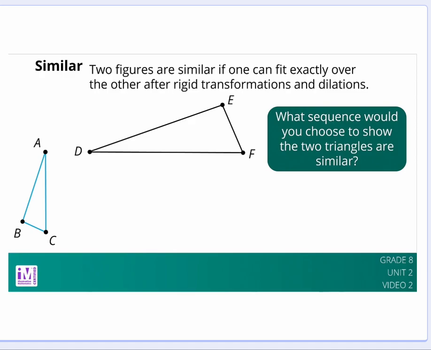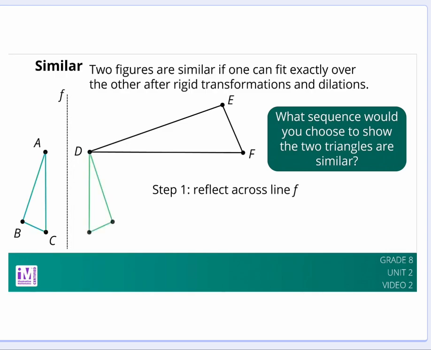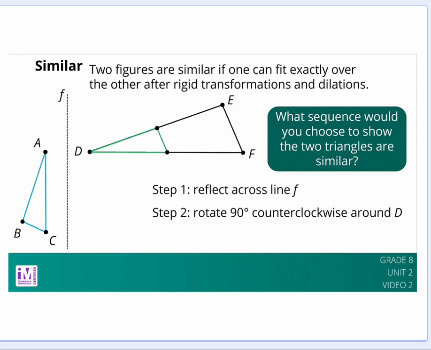One way to show that triangle ABC is similar to triangle DEF follows these steps. Step 1. Reflect across line F. Step 2. Rotate 90 degrees counterclockwise around D. Step 3.